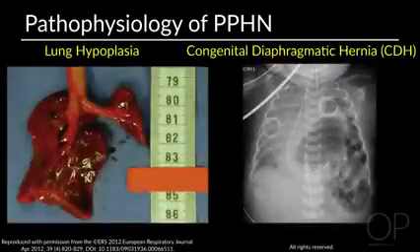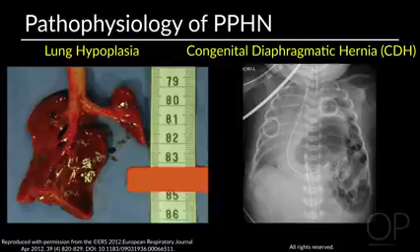The last cause of pulmonary hypertension could be lung hypoplasia and CDH, where we have a reduction in the cross-sectional area of the pulmonary vessels.